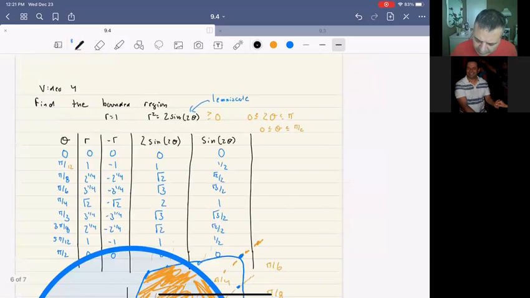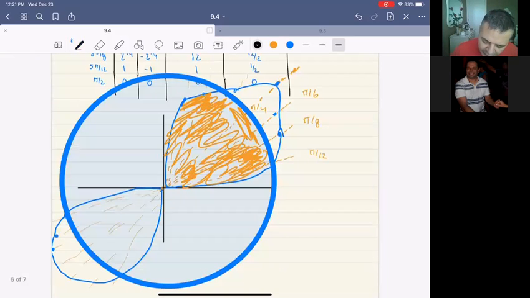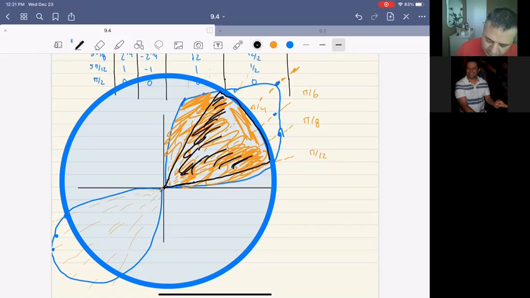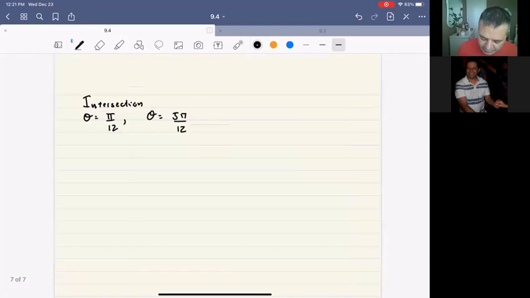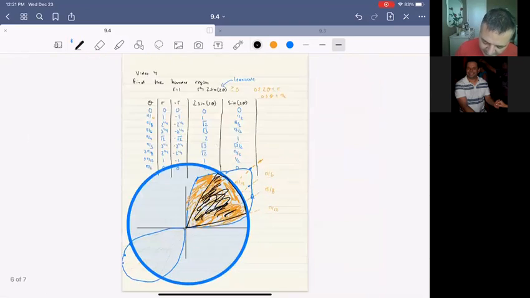We know actually between those points, let me draw it a little clearer. Here and here. Okay, this is actually just the arc of a circle. So this part's actually pretty easy to find. Let me magnify this in a new page.